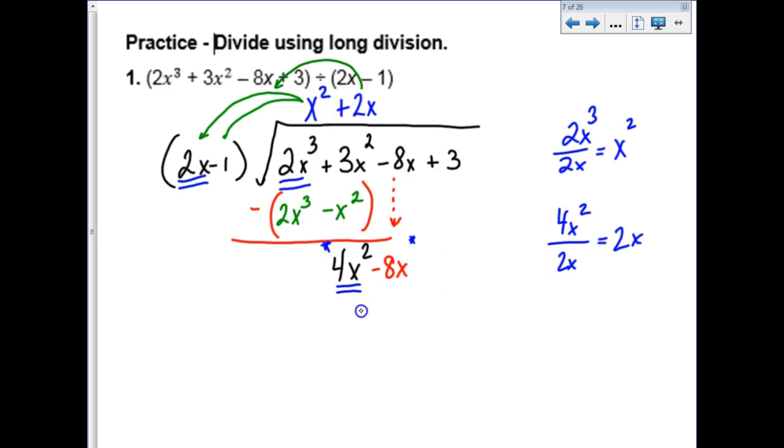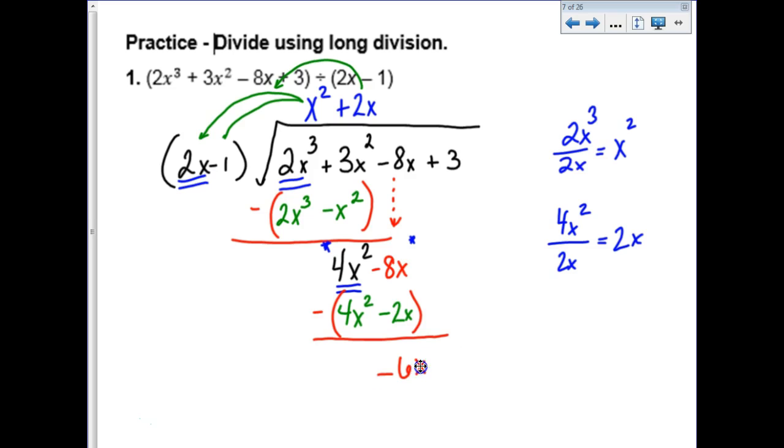So 2x times 2x minus 1 is 4x squared minus 2x. We're going to see how far off we are because we're going to subtract. Does the lead term cancel? Sure does. Good job. Negative 8x minus negative 2x is negative 6x.